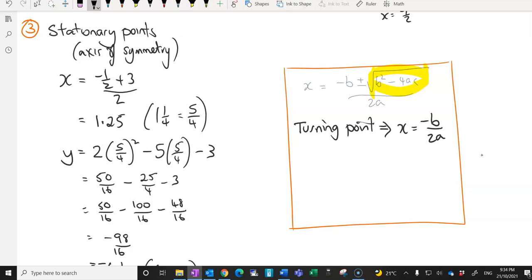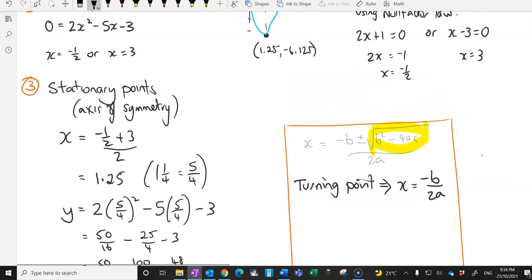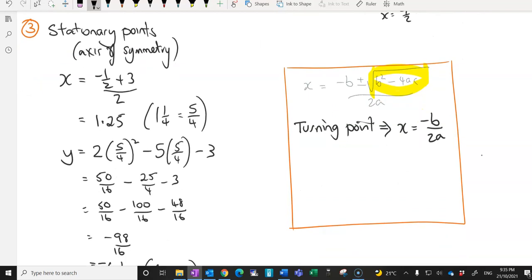Now, if we look at our particular calculation, b in our function is negative 5, and a is 2. So x is equal to negative of negative 5 over 2 times 2, which is 5 on 4. So that's another way that you could calculate your turning point. So either the axis of symmetry or that little formula.